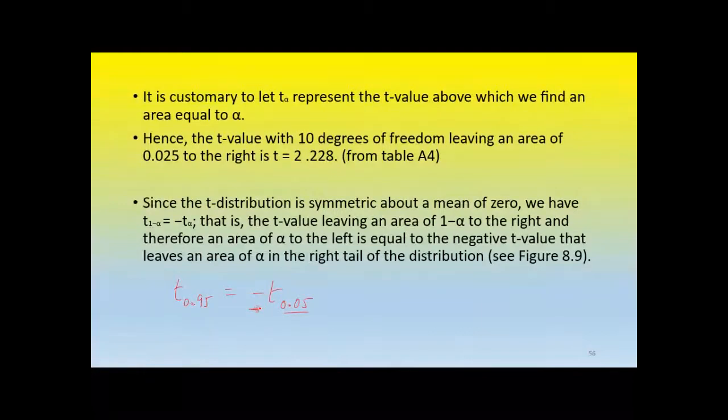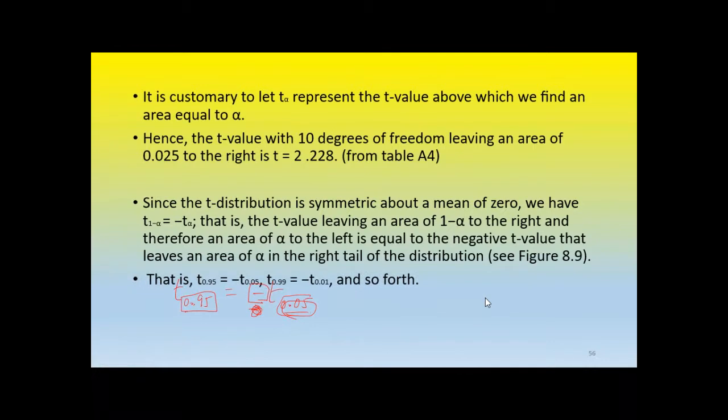So the negative sign says that the area alpha is on the left side. Therefore, the right side area will be 1 minus alpha. That is, the T value leaving an area of 1 minus alpha to the right, and therefore area alpha to the left, is equal to the negative of the T value that leaves an area alpha to the right tail of the distribution. That is what we have seen.